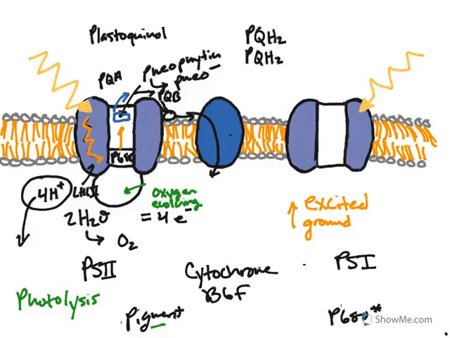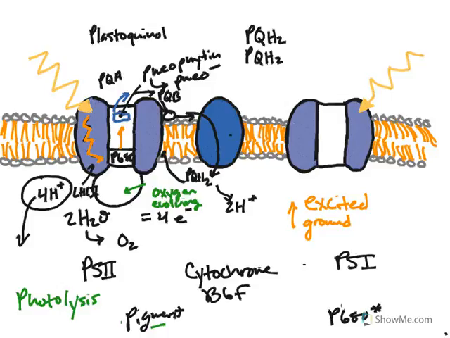As it hands off the electrons, it's going to lose those protons it was carrying. So now the protons are inside the thylakoid, and then our PQ, now PQB, is going to travel back up to photosystem 2 and repeat the process.